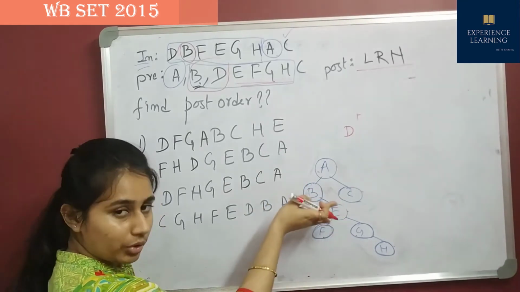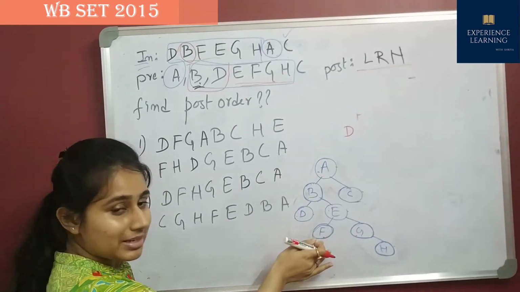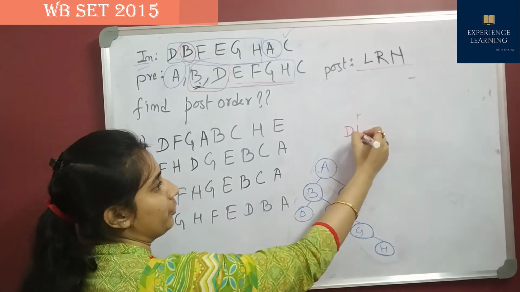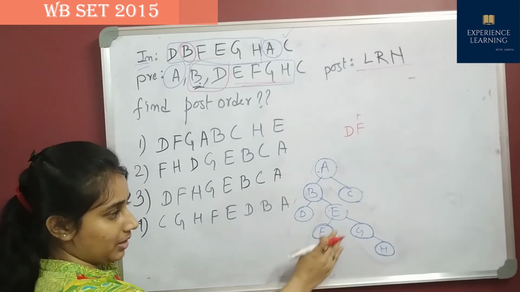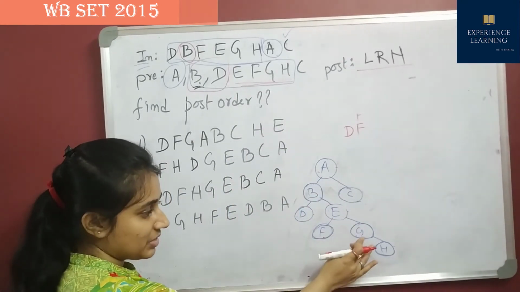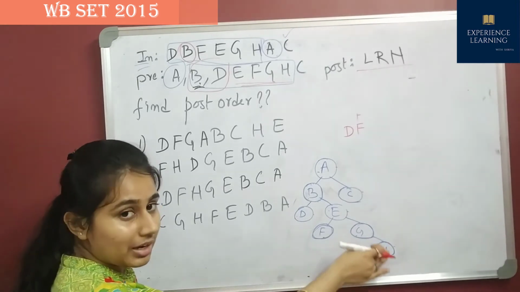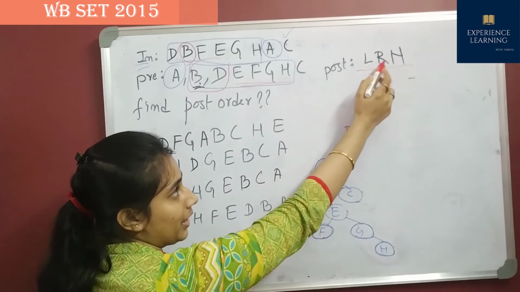Next, right, D, node is B. Then we have to go right, E. E is node, its left is F. Okay, F will be here. And next, E's right, so we will go here, G, and G has a right node. So first we know that it is right, then node.